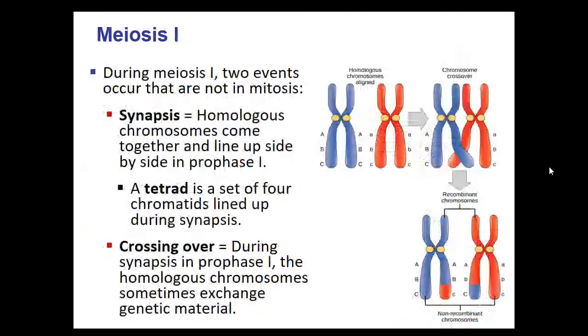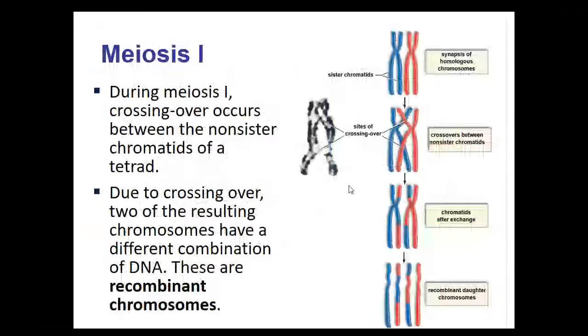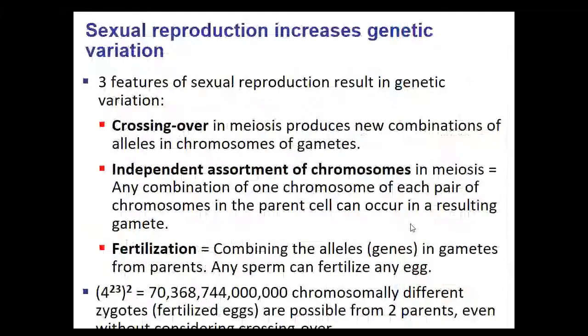This is crossing over again. In sexual reproduction, there's a lot of genetic variation from generation to generation. Your kids don't look like you; they're different because there's a different combination, and that genetic variation is because of crossing over during meiosis and independent assortment of chromosomes during meiosis.